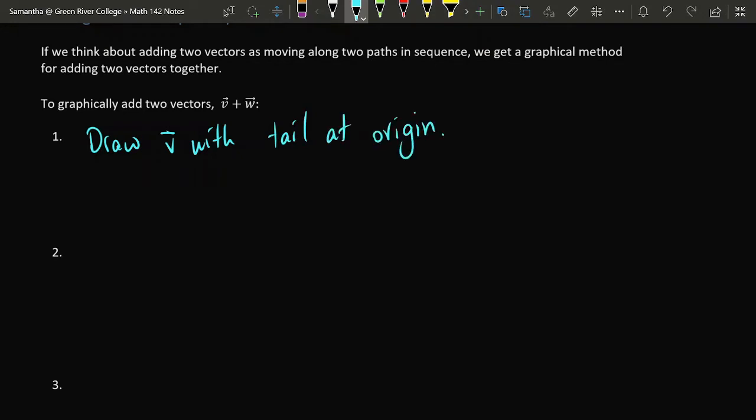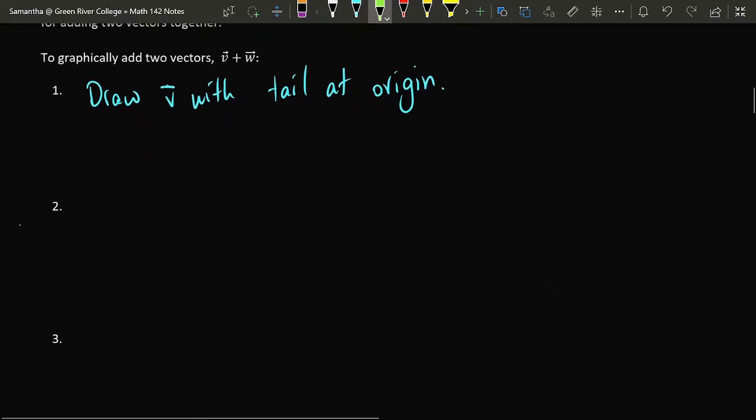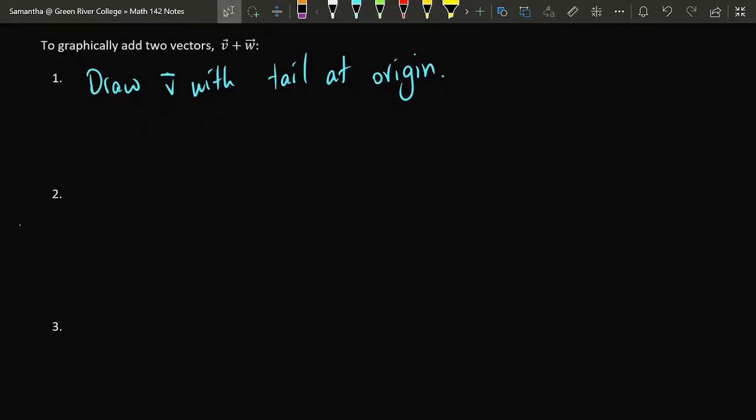So this represents starting from the origin and following the path called v. Once I have followed the path called v, I'm going to immediately follow the path represented by w. So not restarting at the origin, but starting from the final position of v, I'm going to draw w.